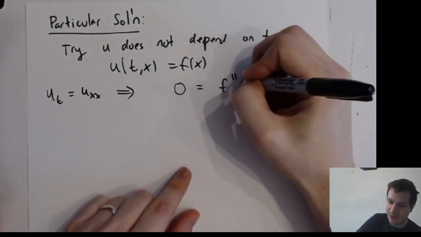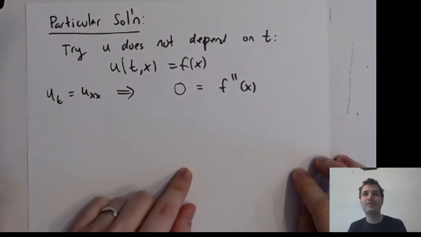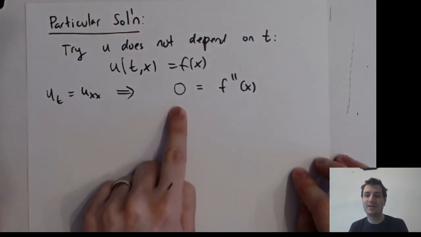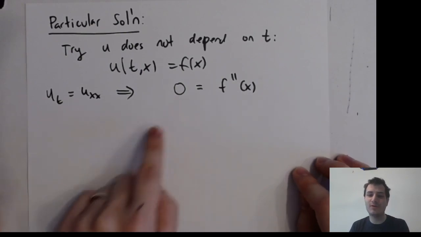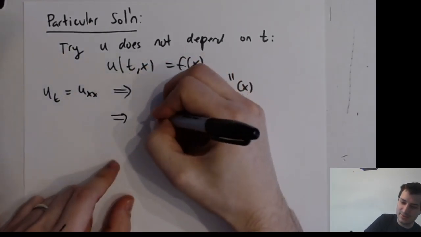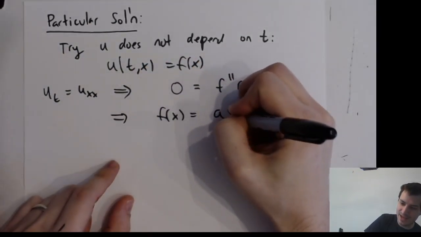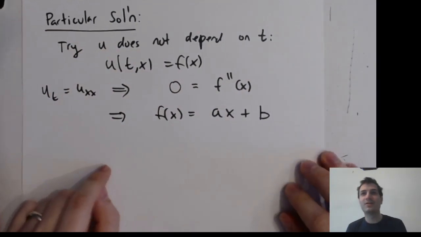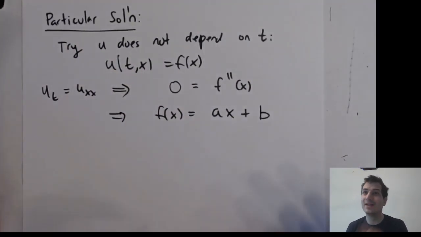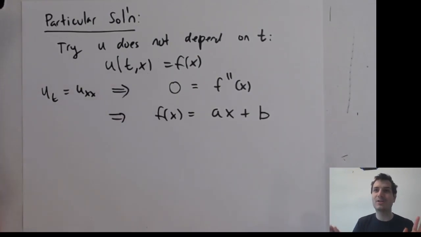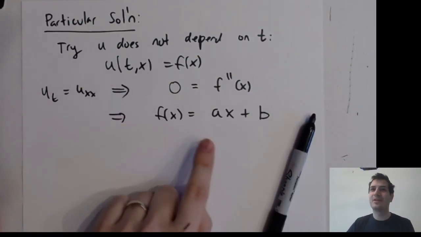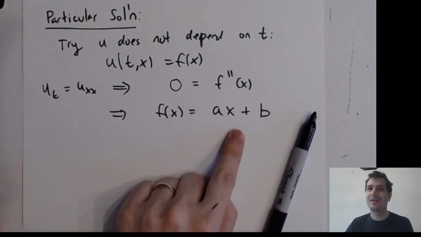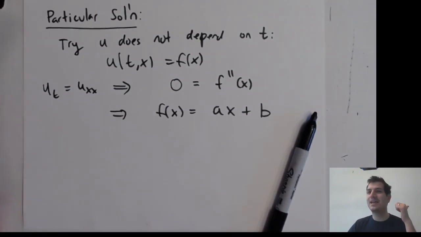That is f''. So what function f'' equals 0? What function has two derivatives equal to 0? That's the function f(x) equals ax plus b. So ax plus b is a perfectly valid solution to the equation. Very boring. It doesn't depend on t, and it's a linear function.